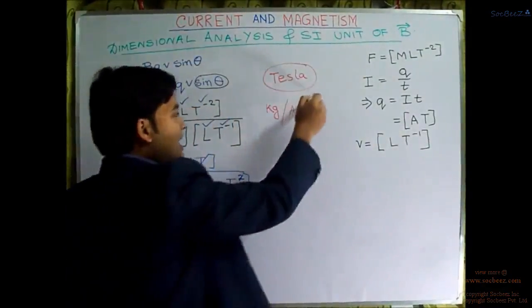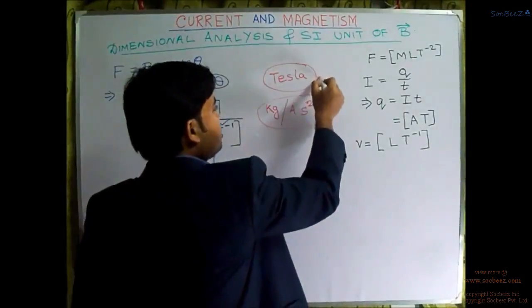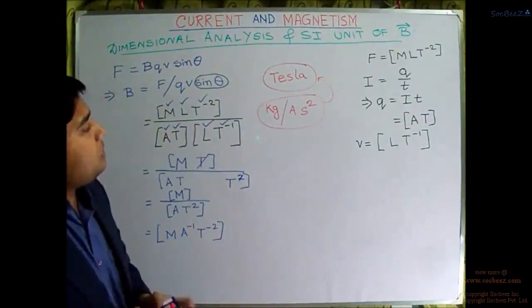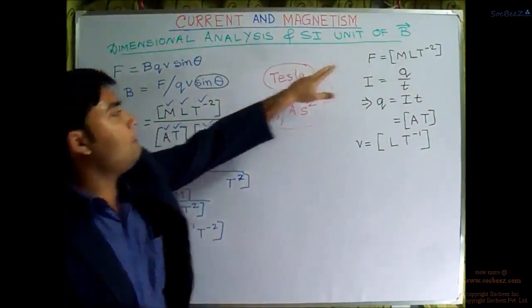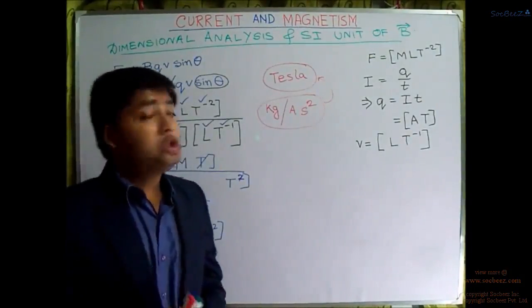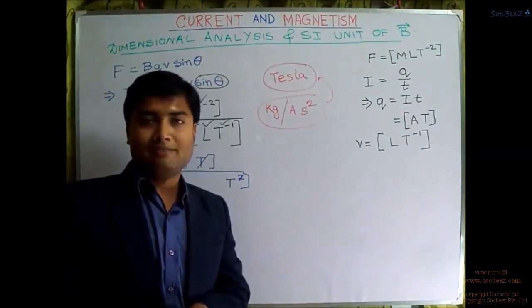This kg per ampere second square is known as Tesla, and this Tesla, the SI unit of B, is named after the famous scientist Nikola Tesla, right? Thank you.